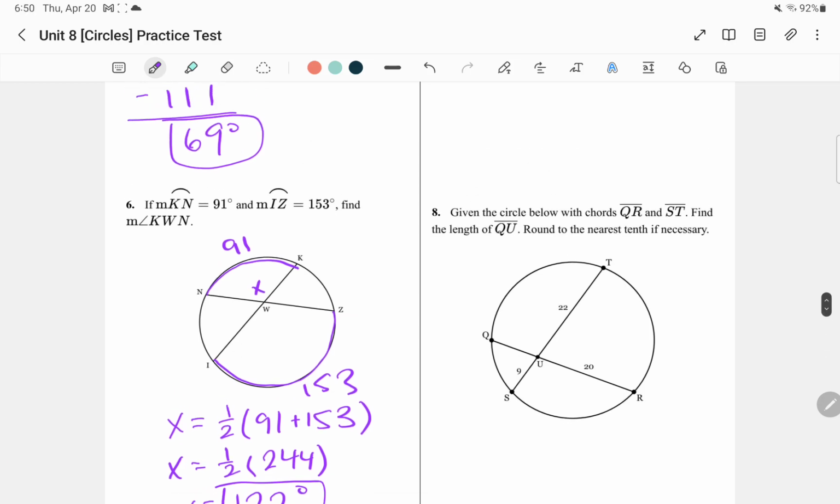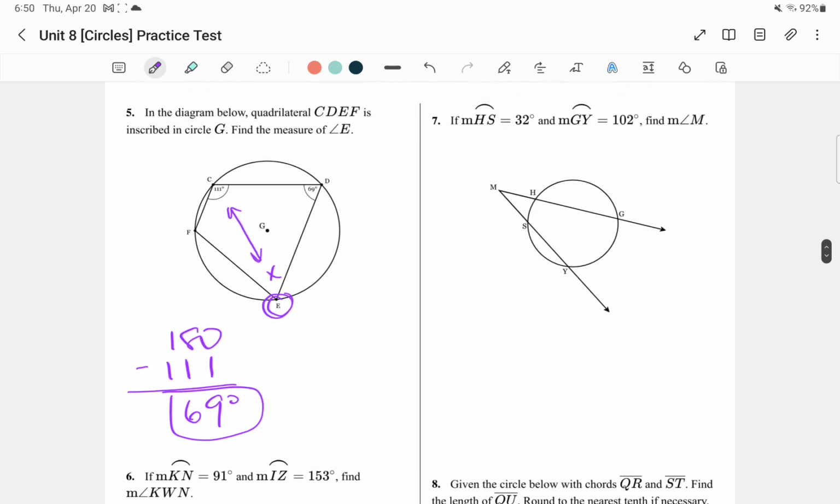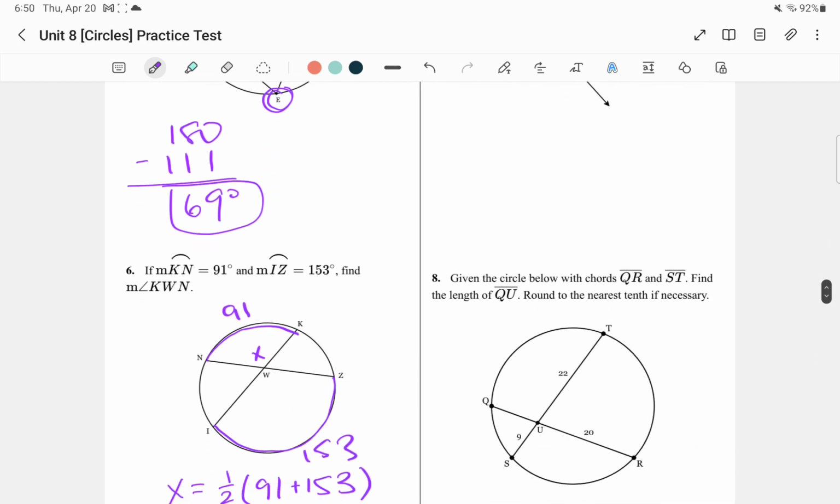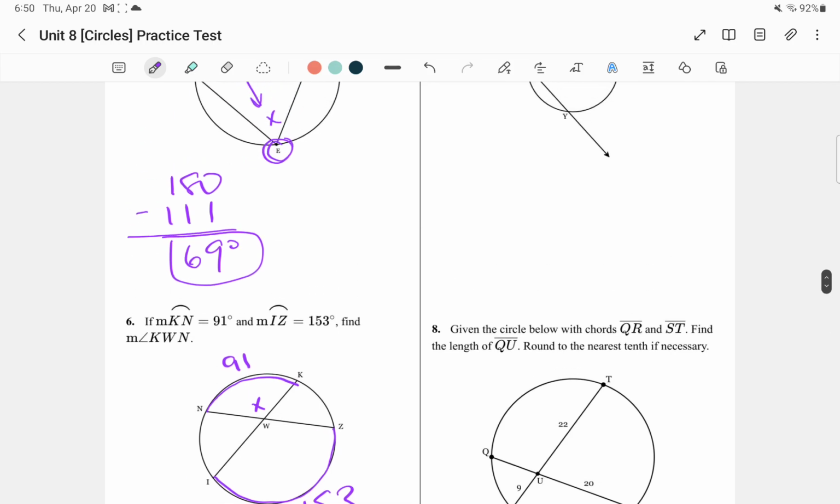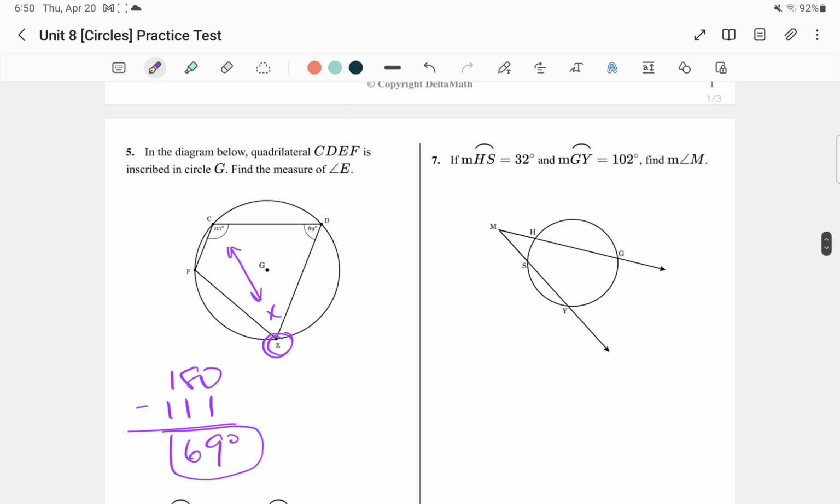Now for number 7, it's intersecting outside. See how for number 6, it's intersecting in the middle there. And then for number 7, they're intersecting out here at M, which means it's going to be slightly different. So let's label 32, 102, and that's going to be X. And it's going to be half of the difference, not the sum. Difference means I'm going to subtract.